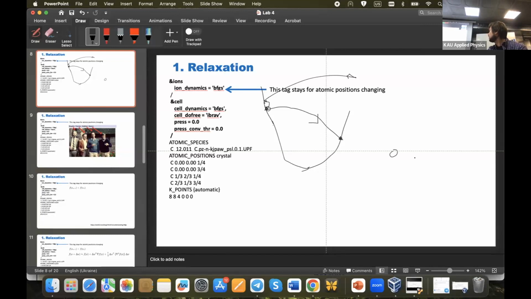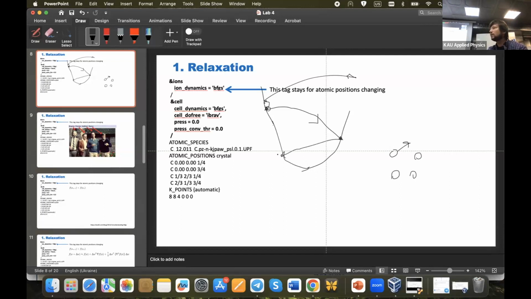For example, there were 4 atoms, and it moved 1 atom here, and the energy lowered, and then it moves other atoms in rather the same way to achieve lower energy, and it goes, for example, here.